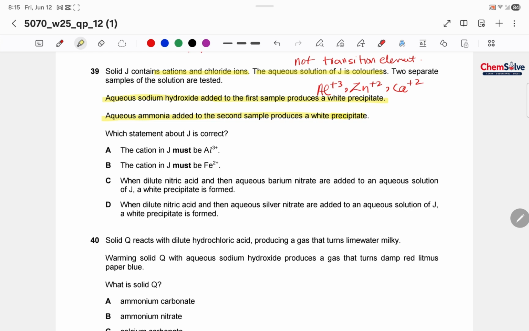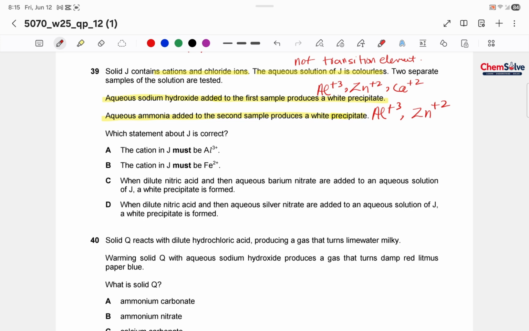Now we can narrow down our options. Al3+ and Zn2+ could be present, because Ca2+ does not form a white precipitate with aqueous ammonia. So it contains either Al3+ or Zn2+.